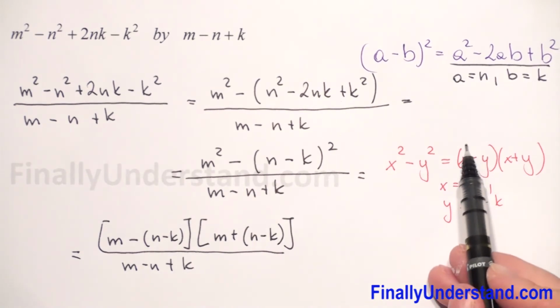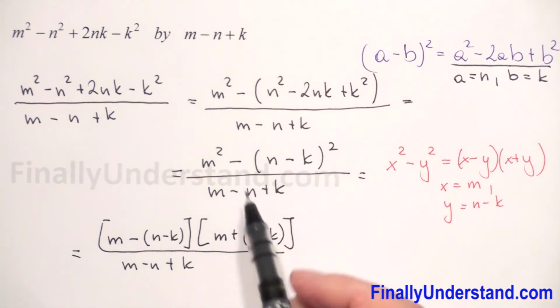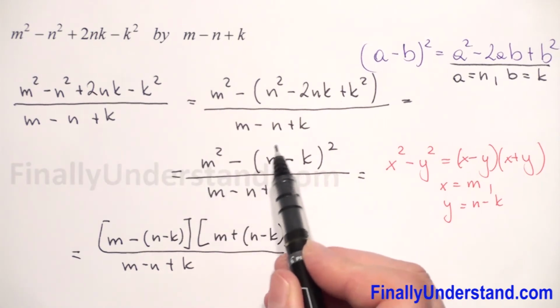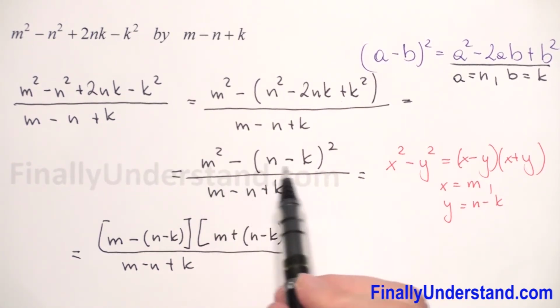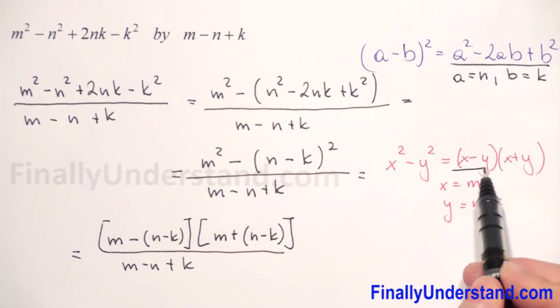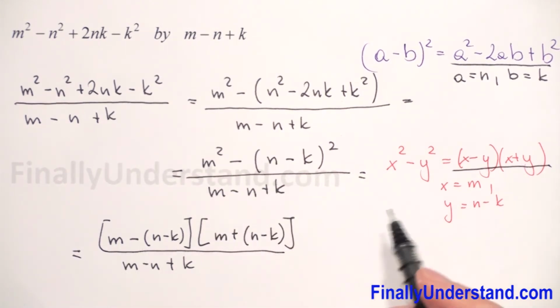I just substitute into this formula x by m and y by n minus k. This is our x, this is our y. We have here a difference of two perfect squares. That's why I can use this formula and rewrite our numerator in multiplication form.